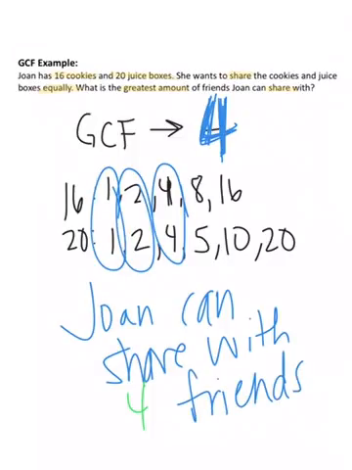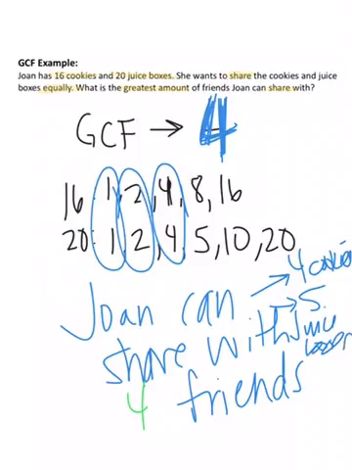And if you wanted to get more specific, you would say that each friend would get 4 cookies and they would each get 5 juice boxes. So hopefully they are hungry and thirsty.